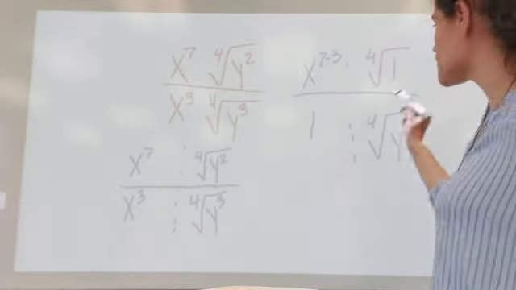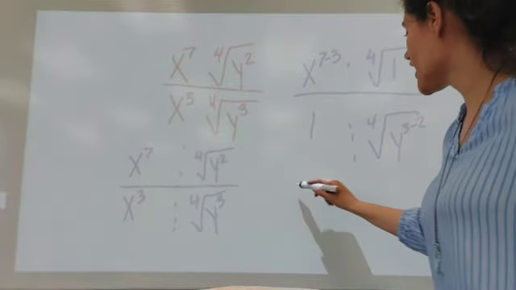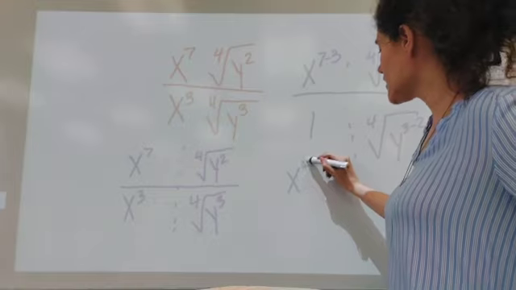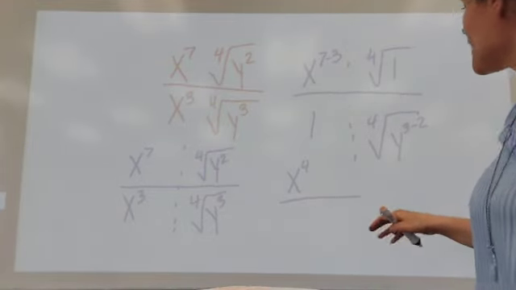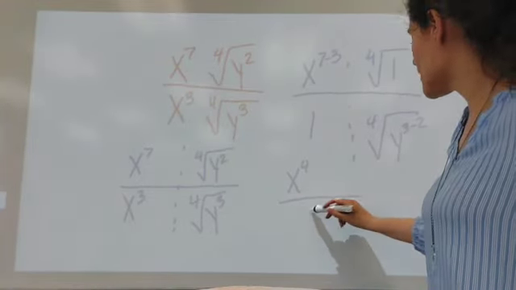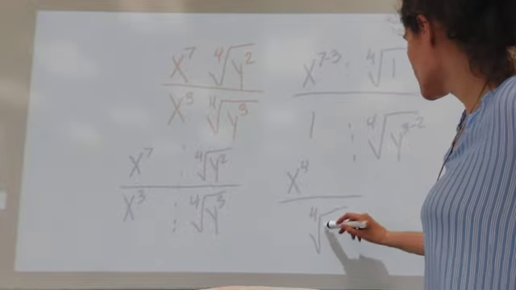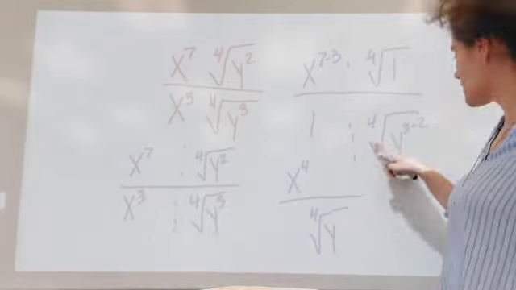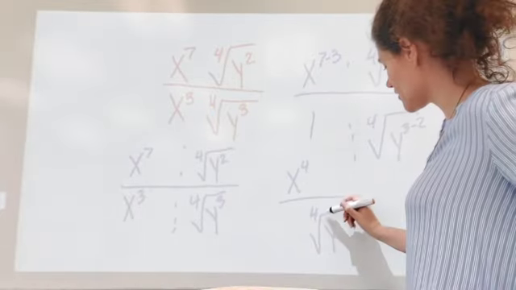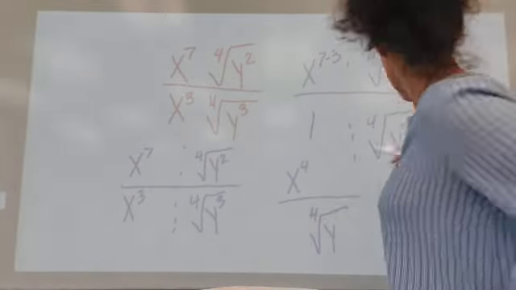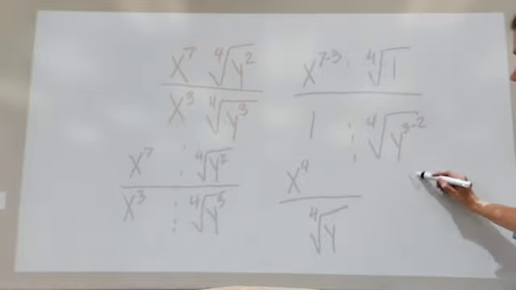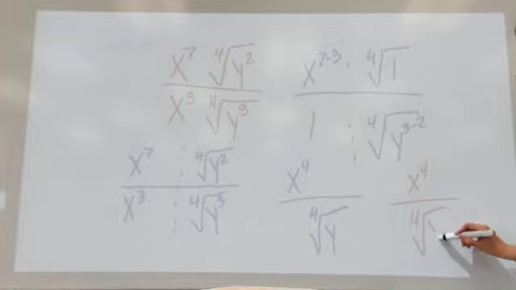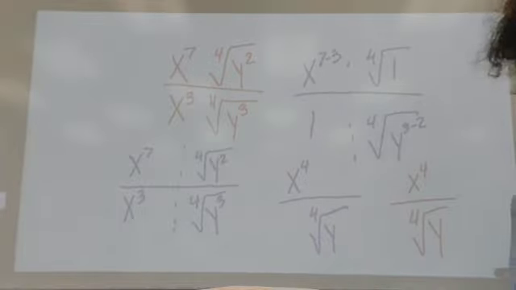So if we finish doing that simplification, we're going to have x to the 7 minus 3 is 4, and that's going to be on top of the 4th root y to the 1. 3 minus 2 gives me 1. So this is my final answer, x to the 4th over the 4th root of y.